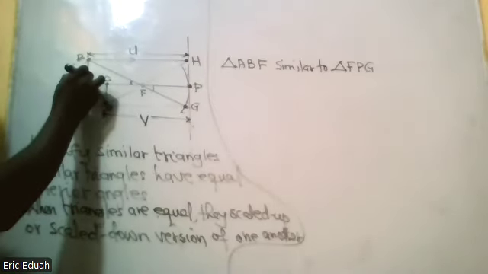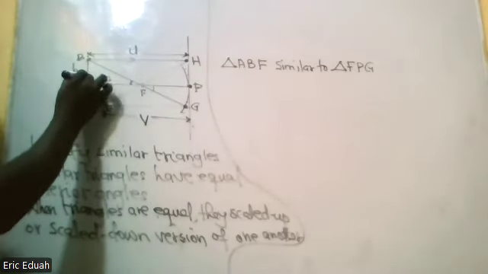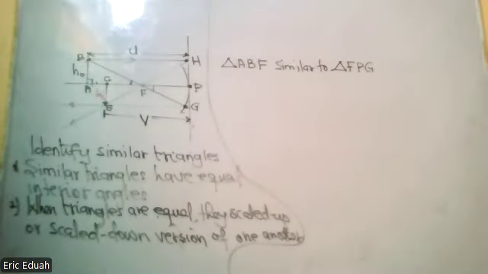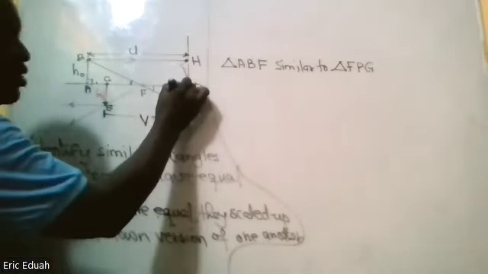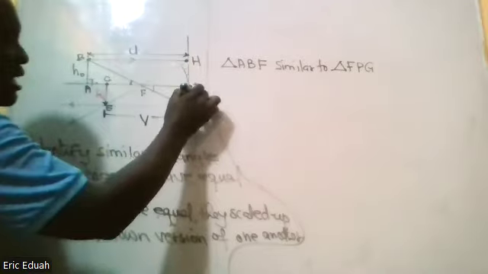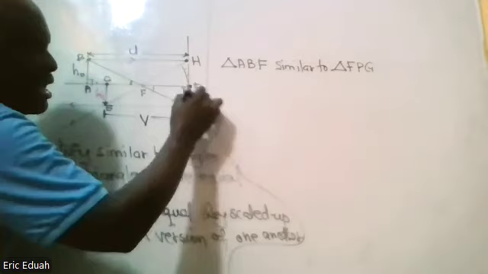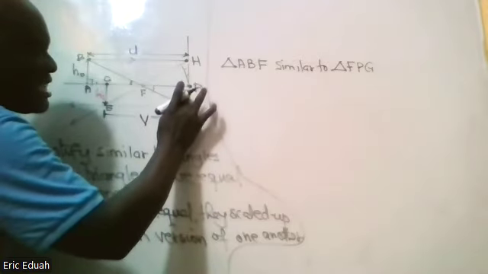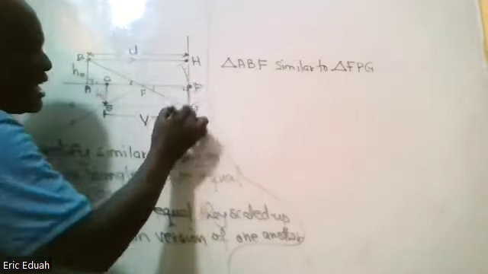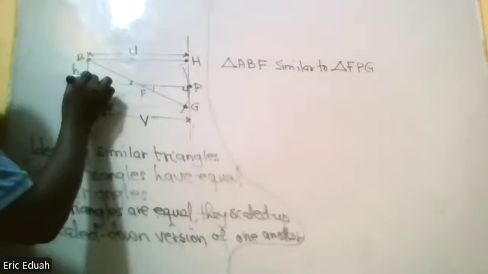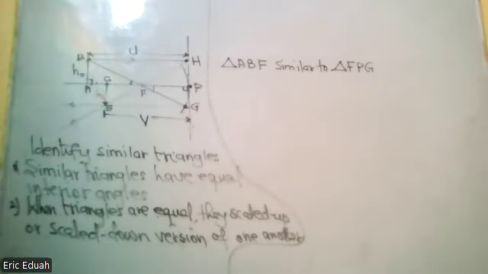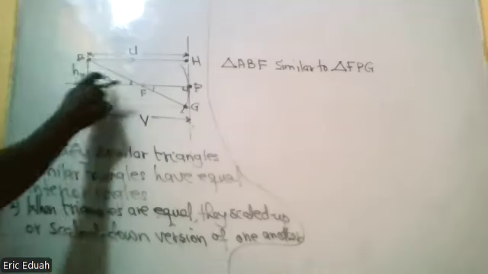Now this is 90. The angle here is 90. And the angle here is also 90. I said these are thin mirrors, as if it's just a vertical line. So this is 90, this is also 90. And they alternate.